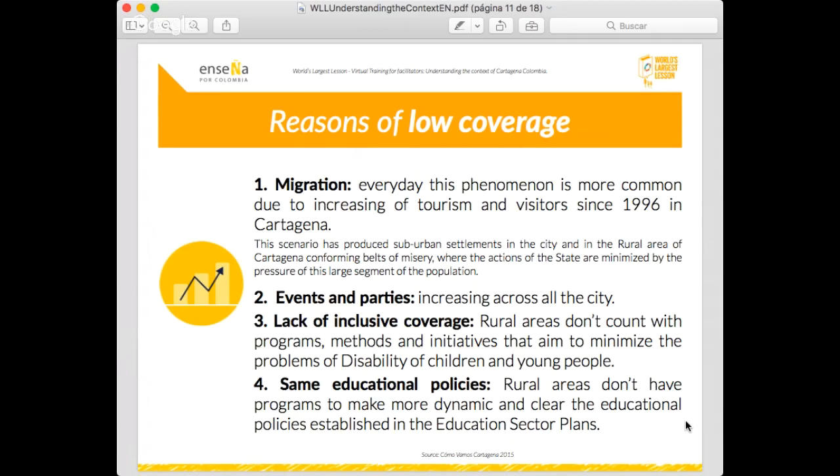We have rural areas that don't count with programs, methods, or initiatives that aim to minimize the problems or disability of children. So it's not really inclusive. And then we have the educational policies. These rural areas don't have programs to make the education policies more dynamic and clear, establishing the education sector plans. So they are not arranged or aligned with what the students need in those areas.